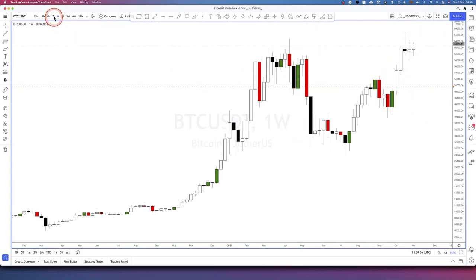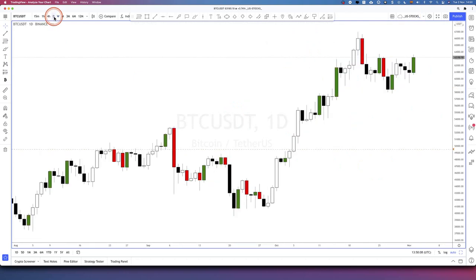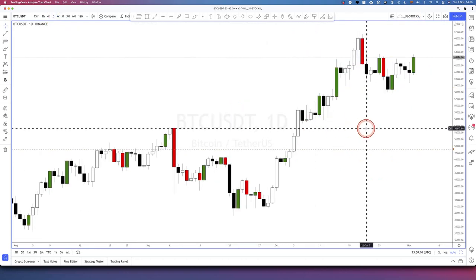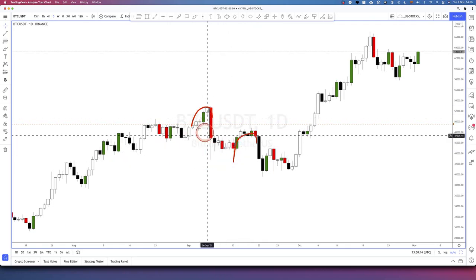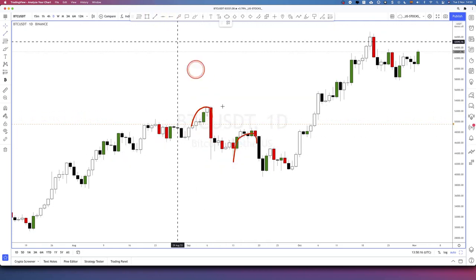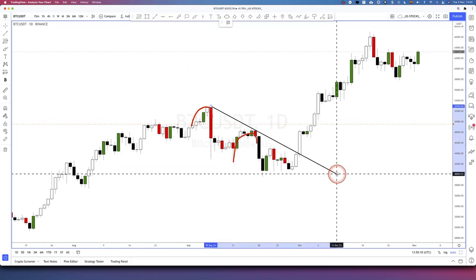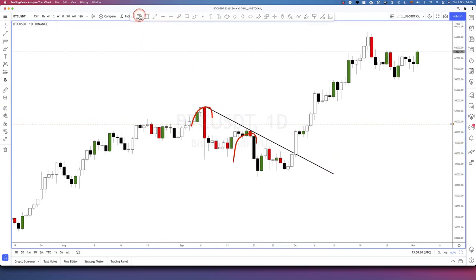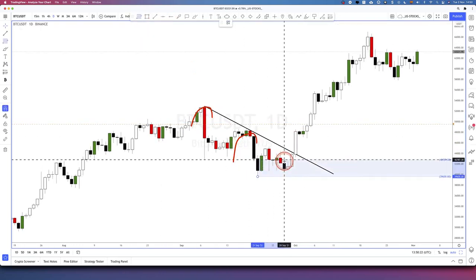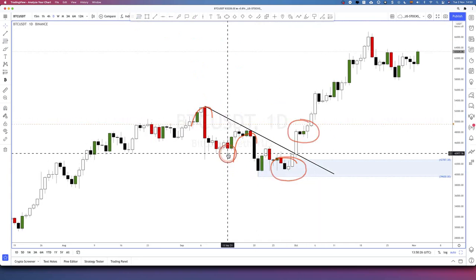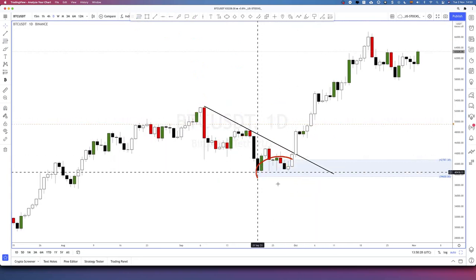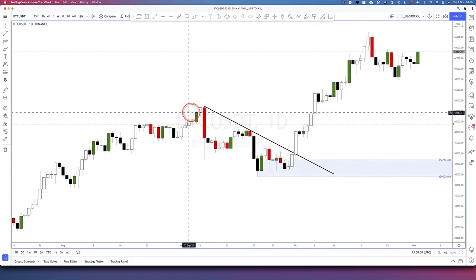If we take a look at the daily time frame, we can do the same thing. So we have here trend line break, 1 peak, 2 peaks, that ends up creating this trend line. So the origin of the move of the trend line break creates a brand new demand after consolidating away with a few candles. That is the creation of an area of demand after the trend line break.